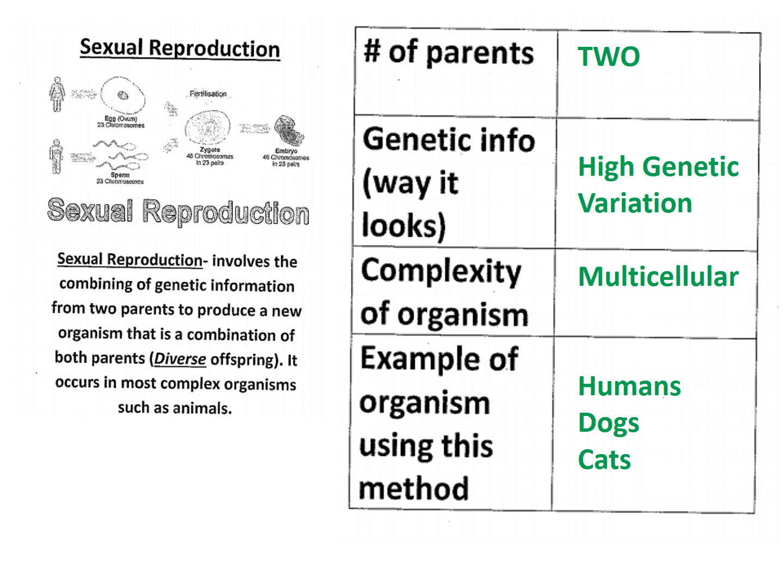That means the kids are going to look different from each other because they're getting different halves from the parents, and like I said before, maybe you got your dad's hair, but your brother didn't. Your brother has your mom's hair or something like that. So that's what I mean by high genetic variation. The kids look different. This is going to happen in mostly multicellular organisms. Some examples are like humans, dogs, cats, which are all going to reproduce sexually.